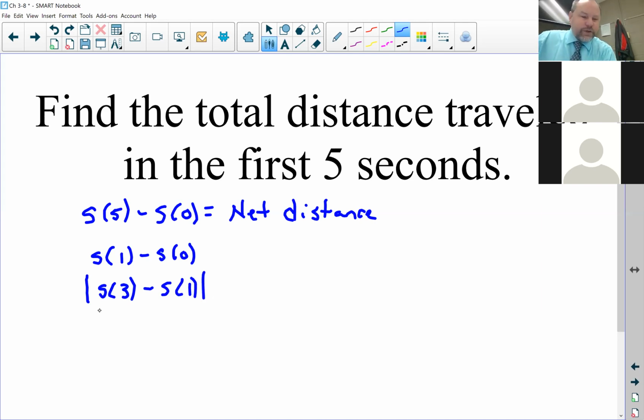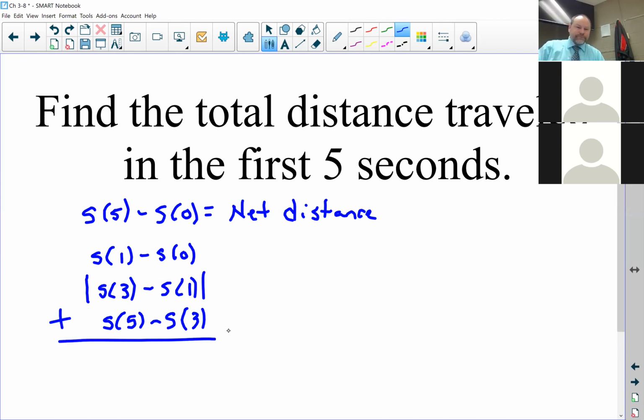And then it moves forward again. So we'll take the positive distance. We don't need the absolute value. That distance will be positive. And we're going to add those together. So in this case, we're going back to the position function, t cubed minus 6t squared plus 9t.